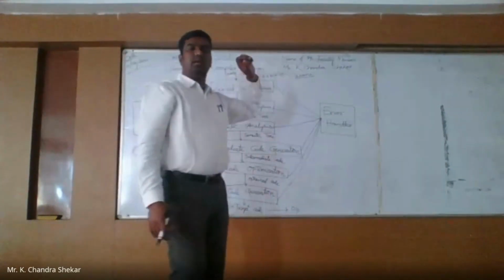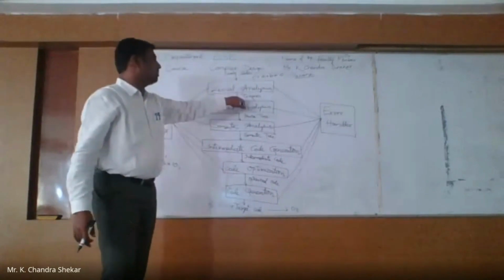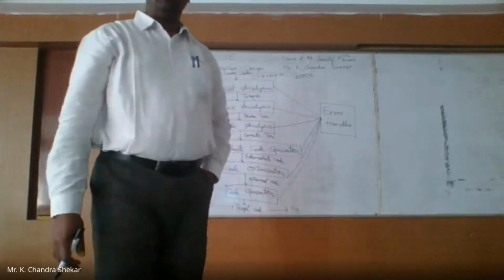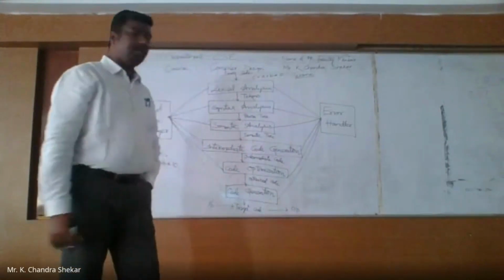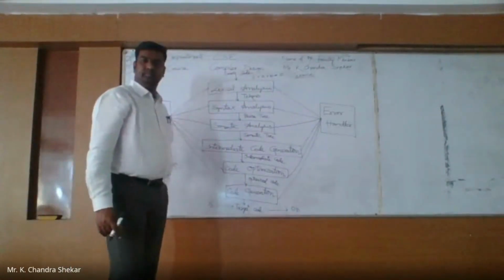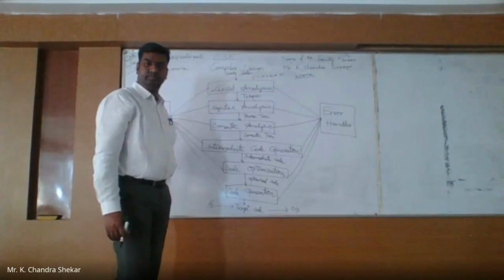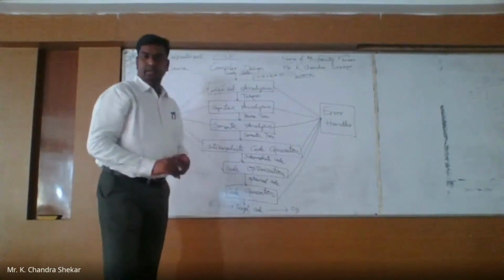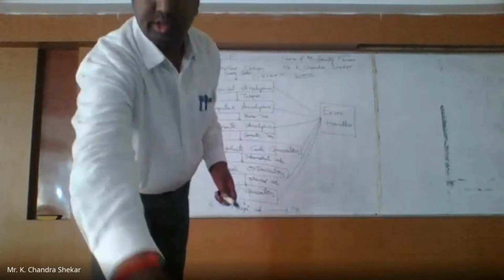Now, you must have a basic knowledge of what a token is, which you might have studied in your first year. Can anyone tell me what you mean by token? You can give your own definitions, no problem.